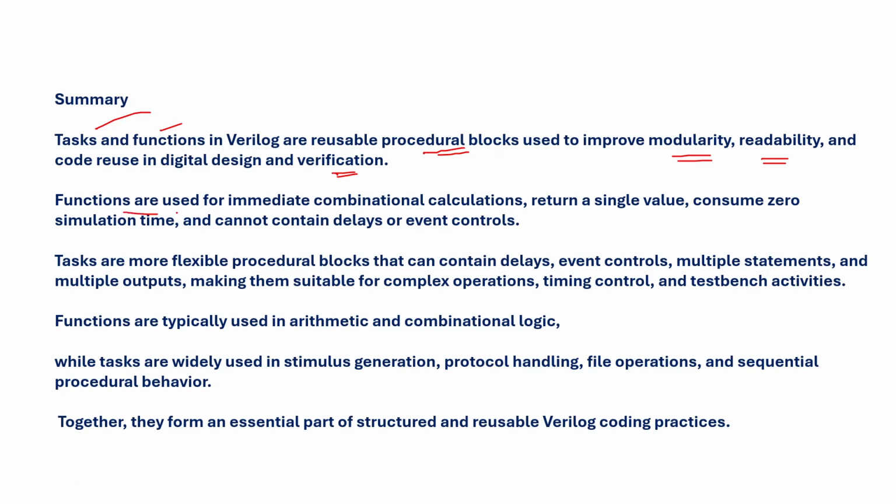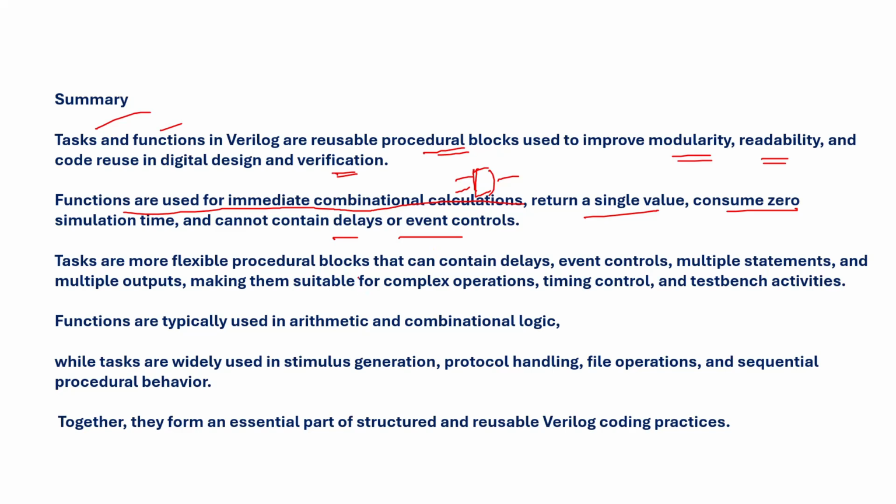So functions are used for immediate combinational calculations. I told you, maximum functions are used for combinational circuits, return a single value, consume zero simulation time, and cannot contain any delay or event controls. Already I have explained all these points, right?